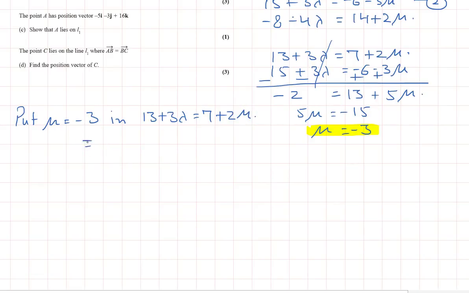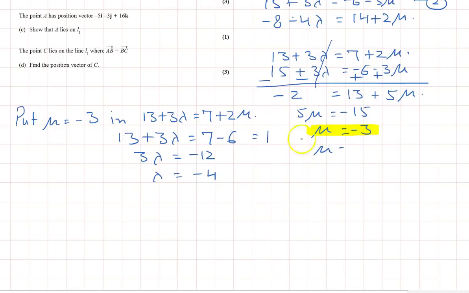So that will be 13 plus 3 lambda is equal to 7. Mu is negative 3, so 7 minus 6, that is 1. So 3 lambda is equal to minus 12. So lambda will be minus 4.